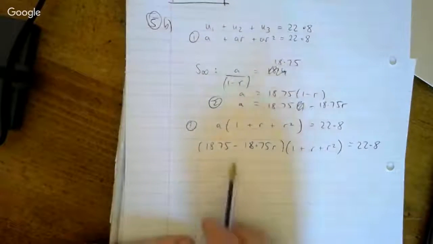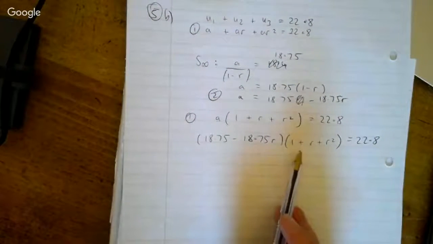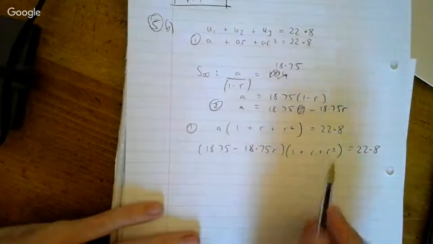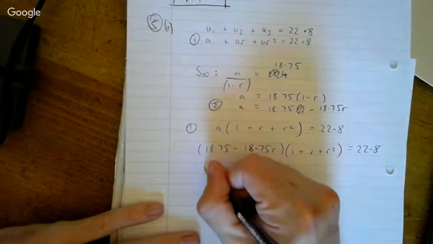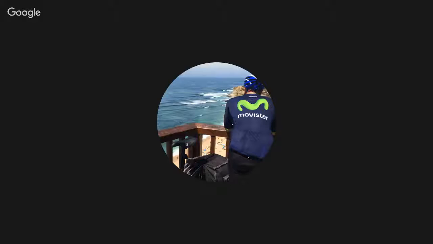Okay, well, I'm going to stick with this for the moment because at the moment it's escaping me. So I'm going to times 18.75 by all of these. So I'm going to get 18.75 plus 18.75r plus 18.75r squared. I'm then going to times all of that by minus 18.75r.